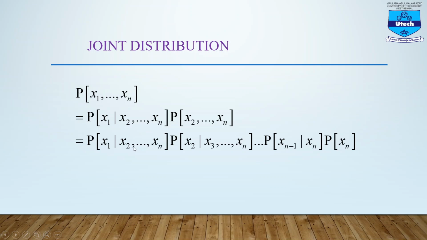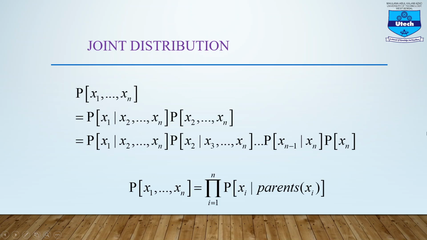Now this you can represent in a similar fashion: the probability of x2 given x3 up to xn, multiplied by the probability of x3 up to xn, which can again be written out. So this will be the final equation for the joint distribution: probability of x1 up to xn equals the product over i equal to 1 to n of the probability of xi given the parents of xi.